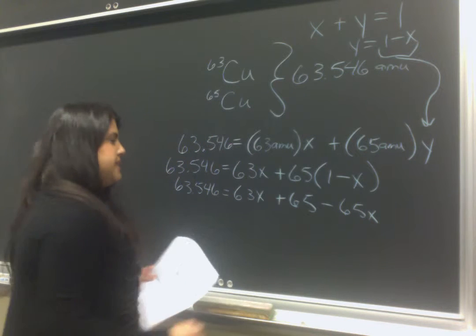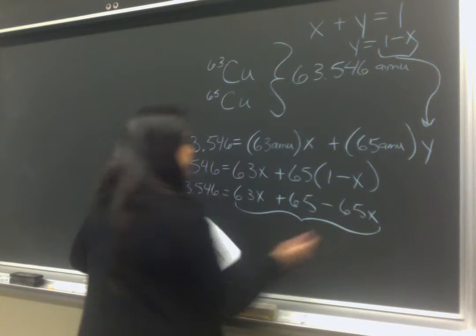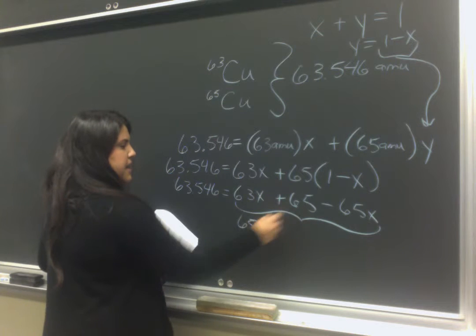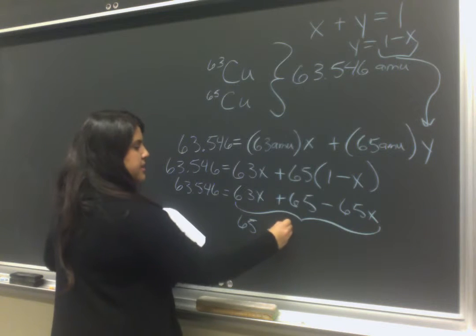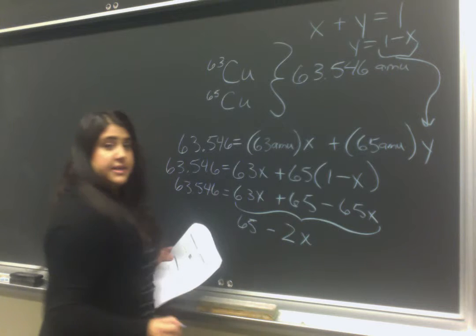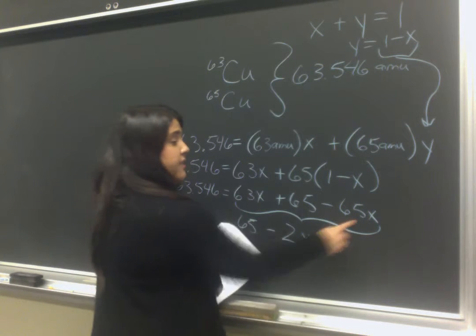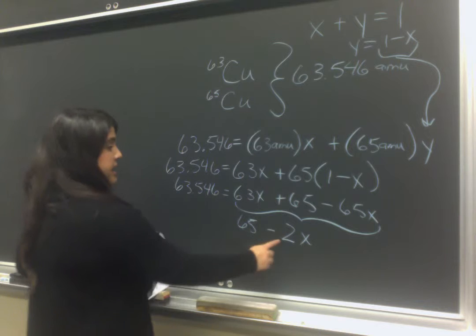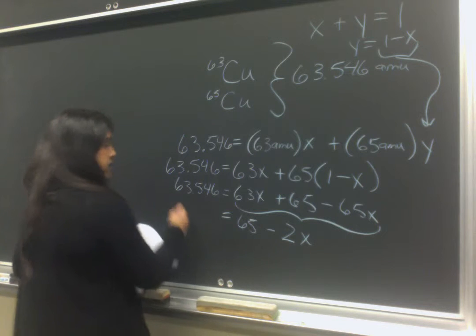Now if I calculate this out, I should get 65 from there minus 2X. Again, 63X and negative 65X, I get negative 2X, and that is all equal to 63.546.